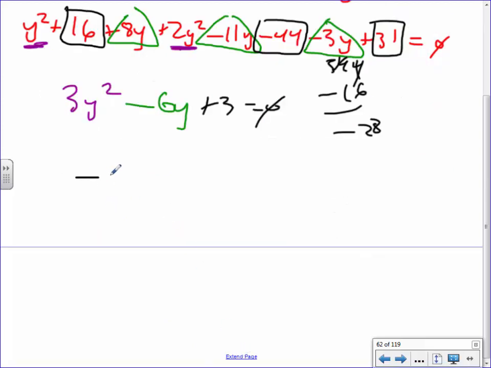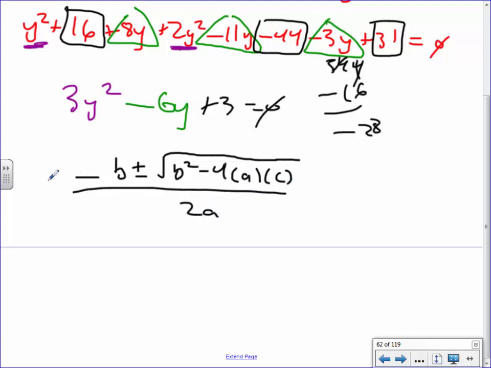So here's the quadratic formula. Negative b plus or minus the square root of b squared minus 4ac, all over 2a. This is what our x will be. Let's plug in some numbers. What is b?